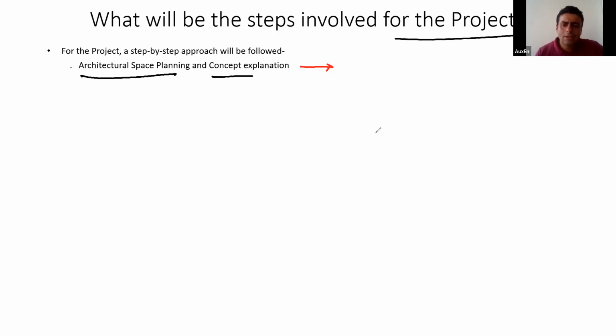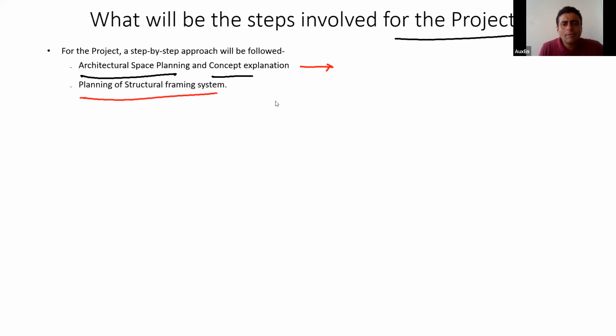So we will start with this. This will be the first step in our project. Remember, we are only going to focus on the architectural and structural design parts and not the other phases of the project. Once this is done, then we will plan the structural framing system.